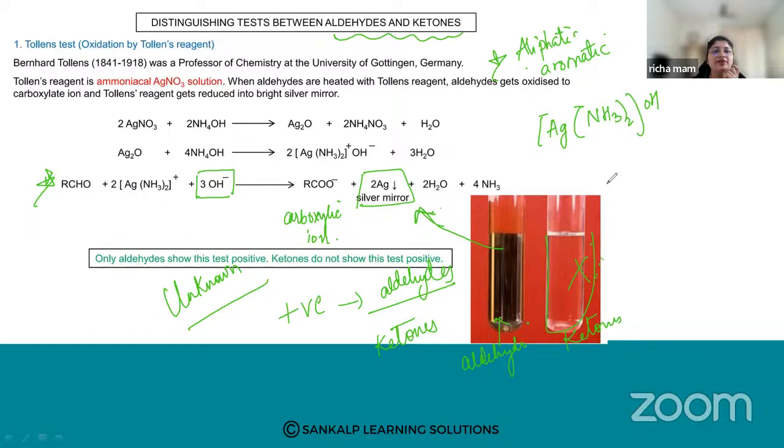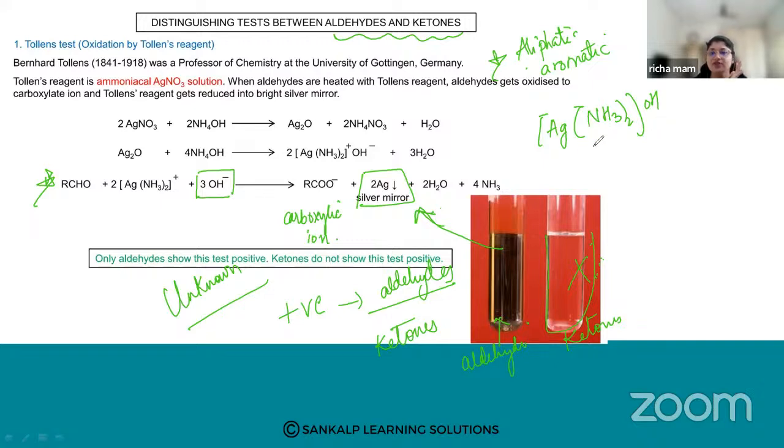Only aldehydes will give the positive Tollens test, and ketones do not give any positive test.